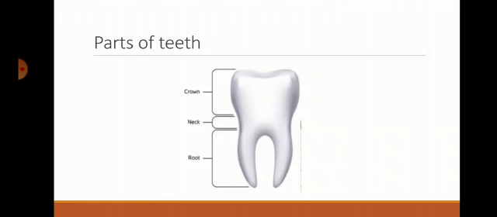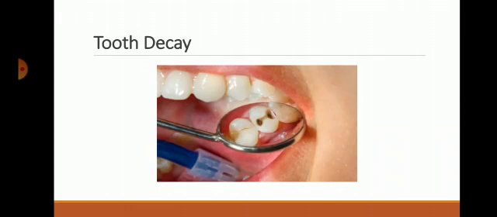It is similar to bone and protects the pulp cavity, which has nerves and blood vessels. Bacteria are present in our mouth, but they are not harmful to us.